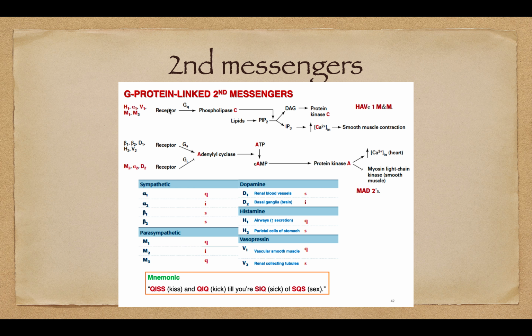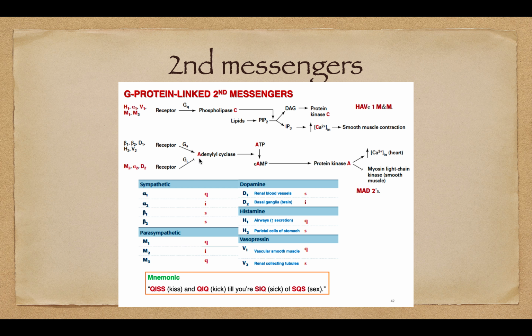So here we go. These are the G protein linked second messengers. This phospholipase C is going to be involved with the IP3, and that increases the intracellular calcium concentration, allowing smooth muscle contraction. For the muscarinic receptors, G proteins, this is G stimulatory or G inhibitory.